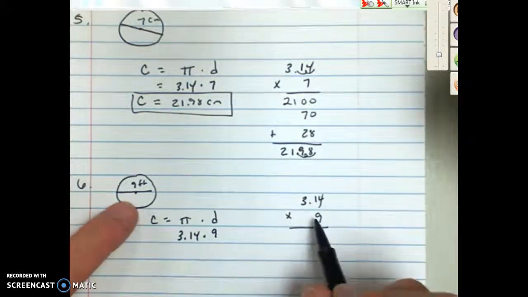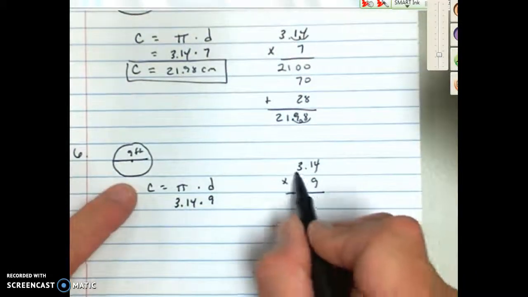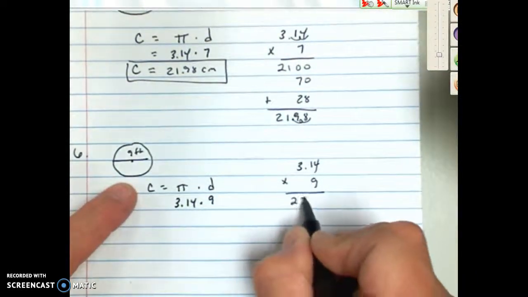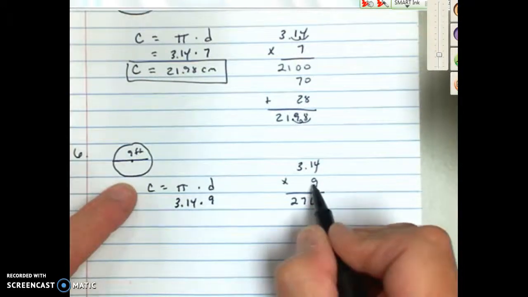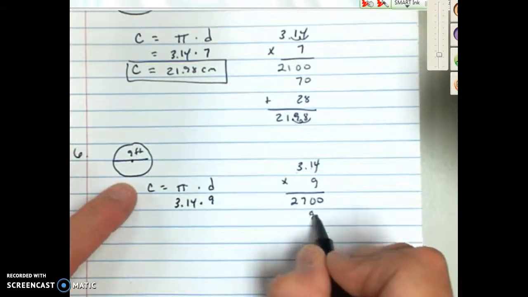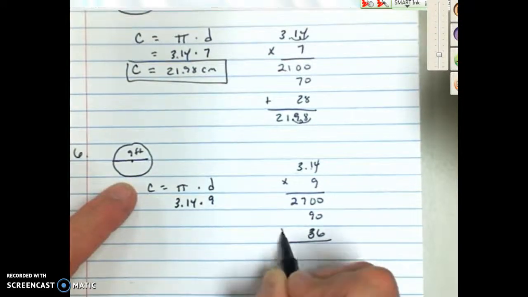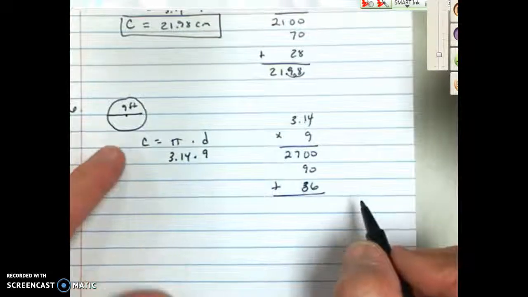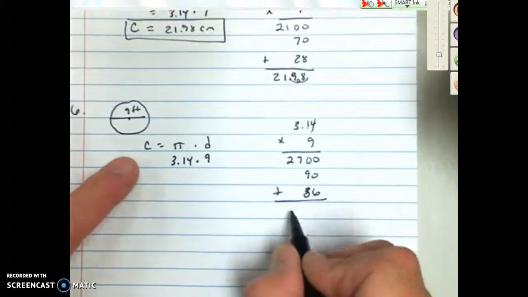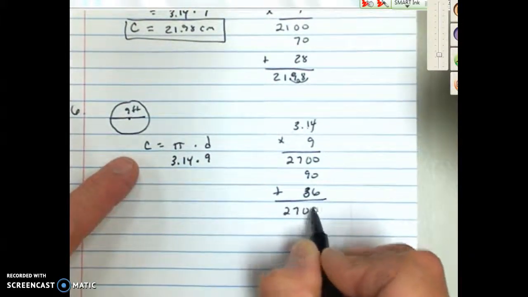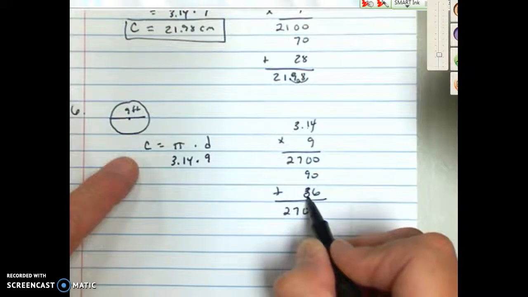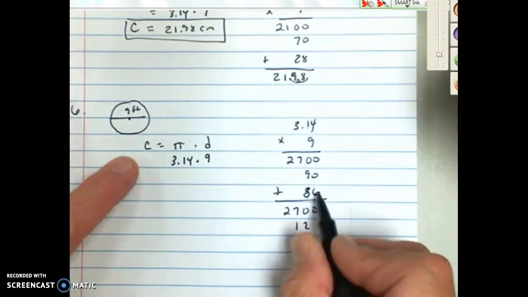And again, just momentarily forget about the decimal point. 300 times 9 is 2,700. 9 times 10 is 90. And 9 times 4 is 36. Add all those pieces together, and we're going to get 2,700. 90 plus 36 is 126.